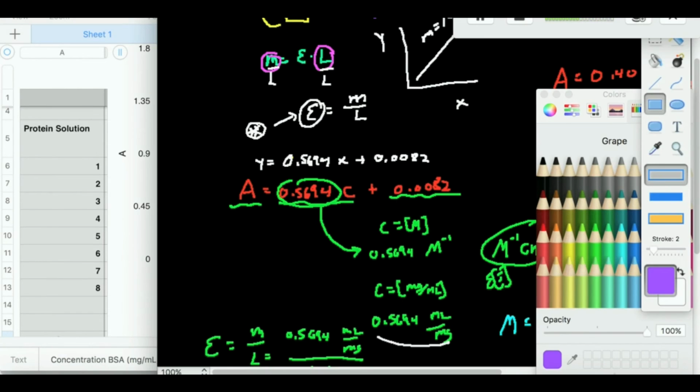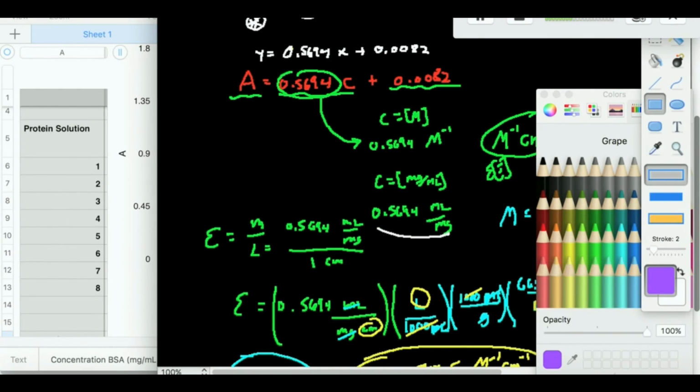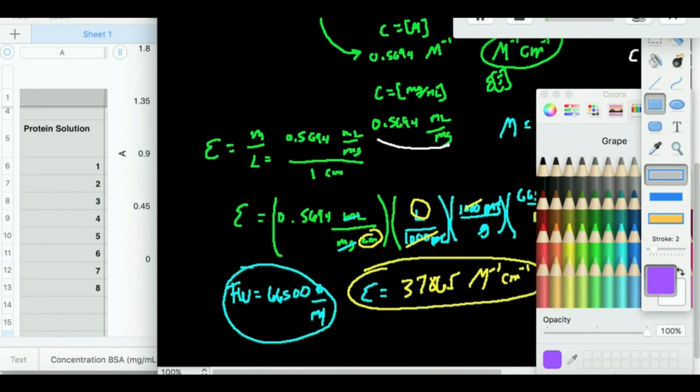A great example of that is shown right here. Remember, for the extinction coefficient, if your concentration on that plot was in milligrams per mil, your extinction coefficient will be in milliliters per milligram per centimeter. If your concentration on that plot was in molar, then your extinction coefficient will be inverse molar, inverse centimeter.